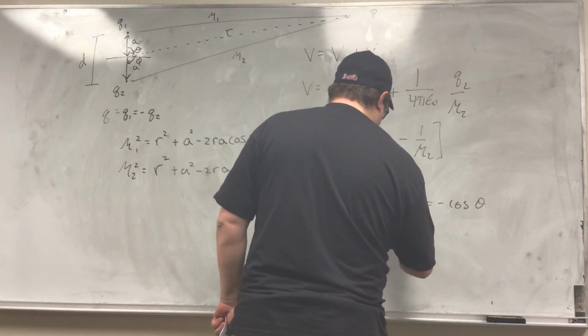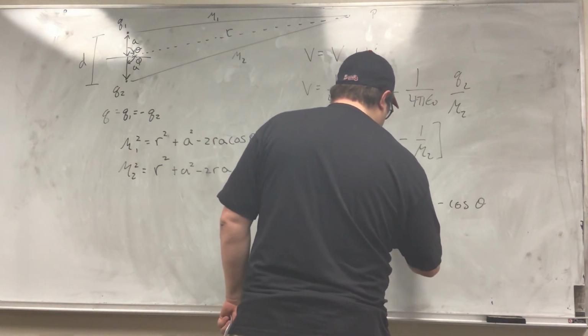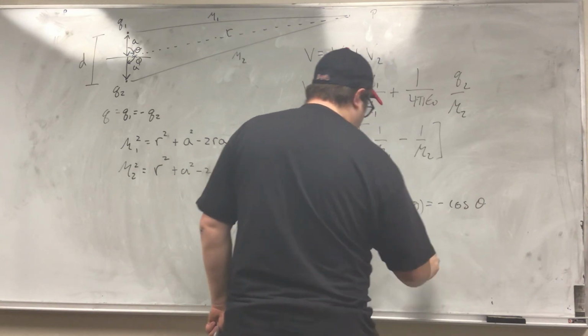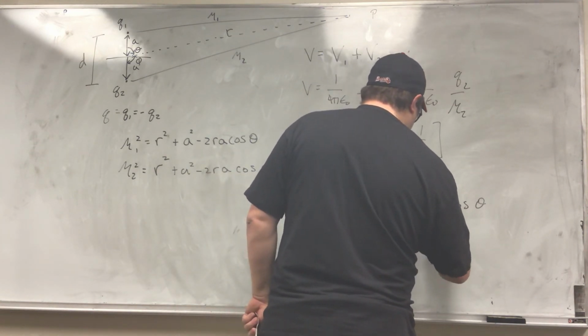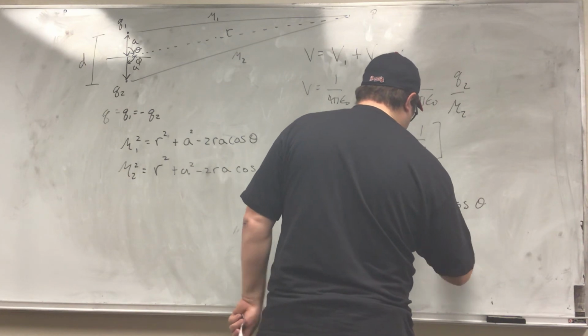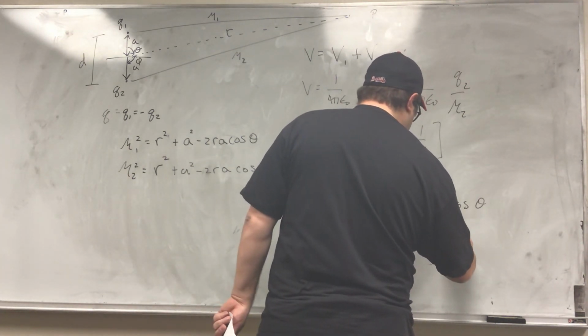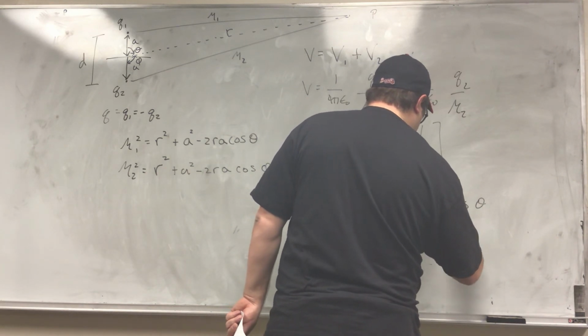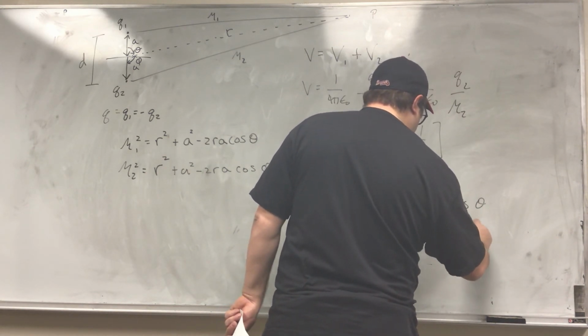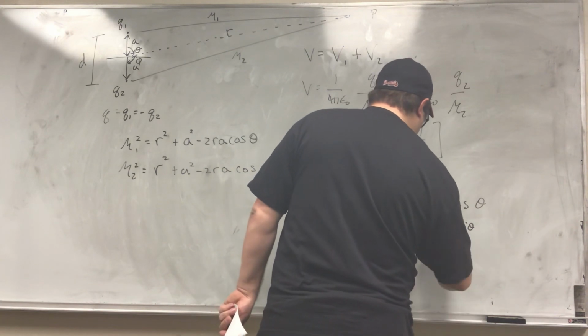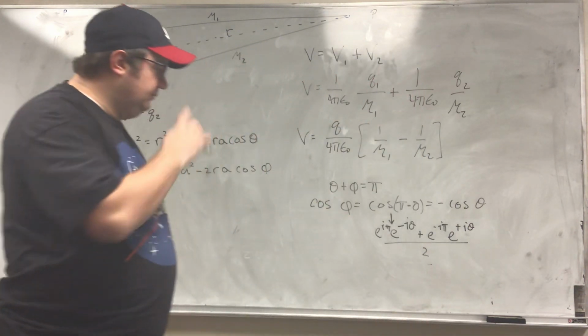You get e to the minus i pi times e to the i theta, plus e to the i pi times e to the minus i theta, divided by 2, right?